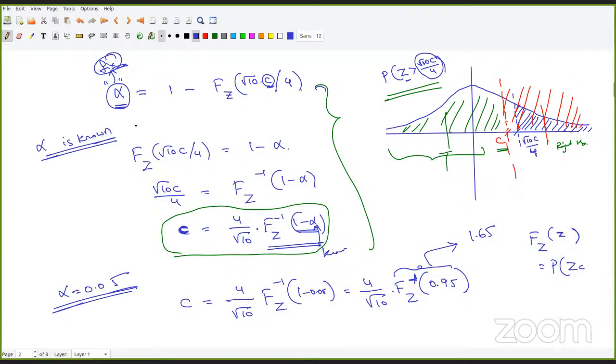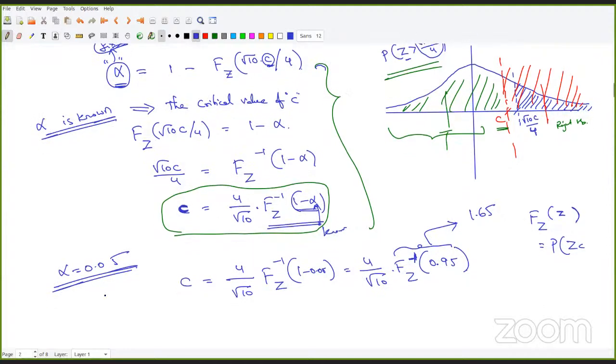We know alpha, and we are interested to find the critical value. On solving this, let's say alpha is known and alpha is 0.05. We wanted our test to be at a significance level of 0.05. That means no more than 5% of error is allowed.